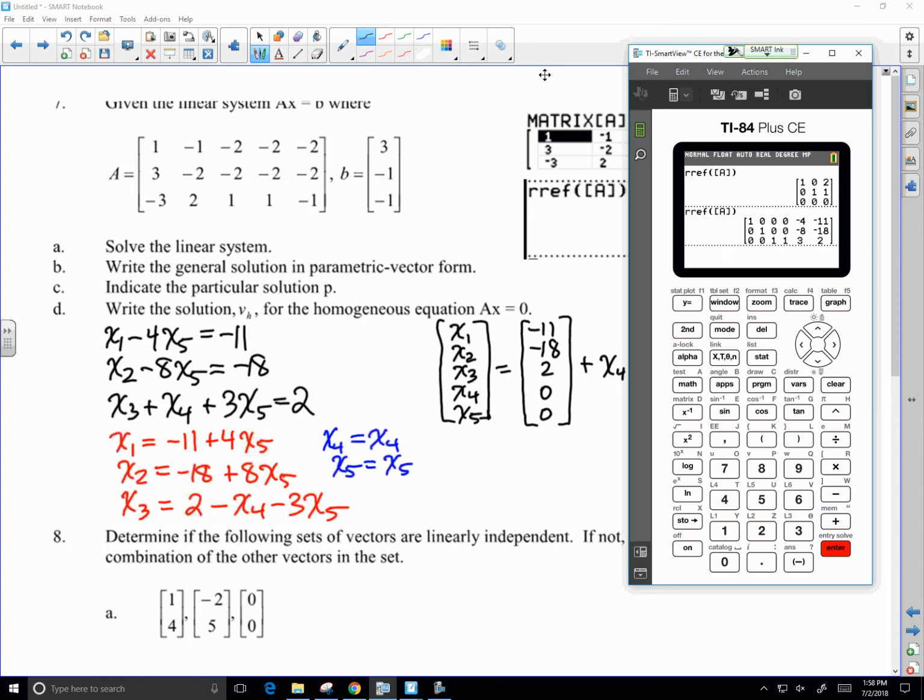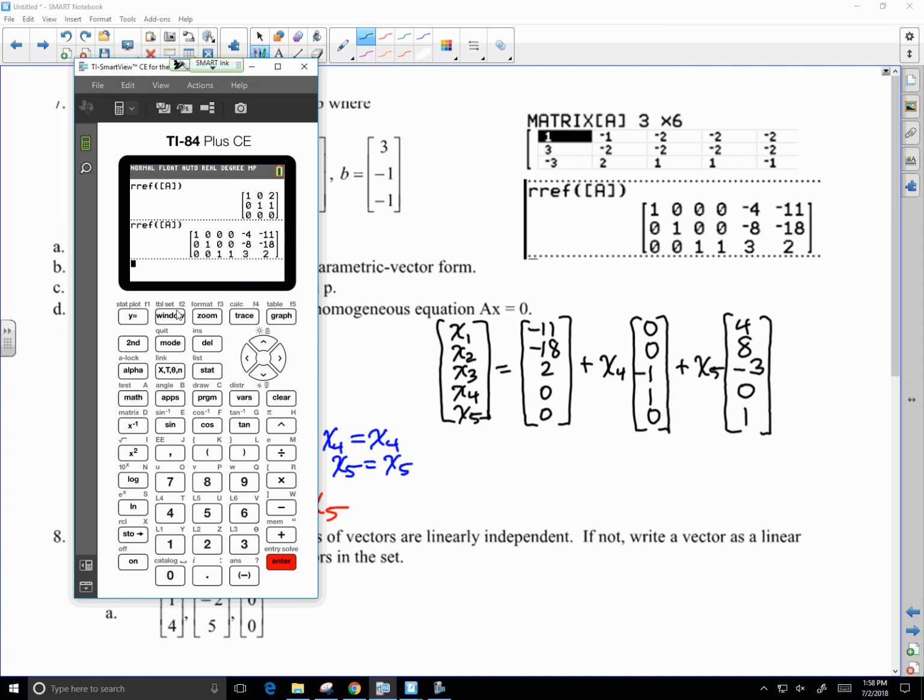So let's say you're in the middle of the test and you knew what all that stuff was the day before, but for some reason it's just not there. Worst case scenario, you do have a calculator.